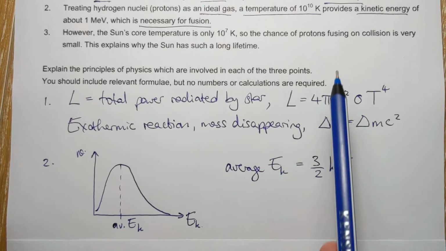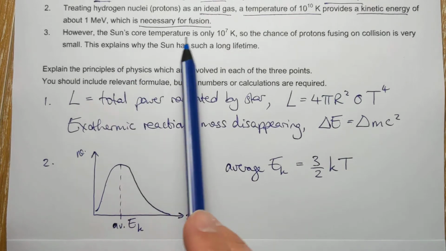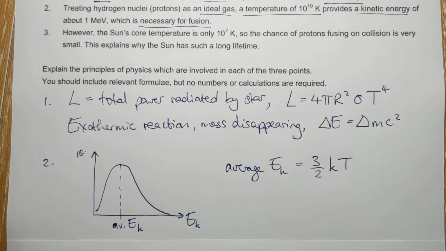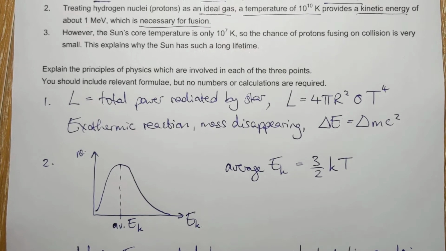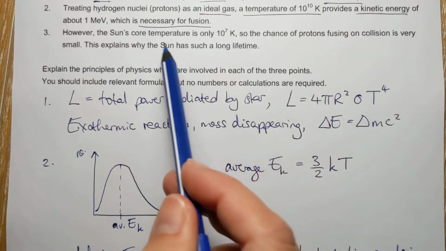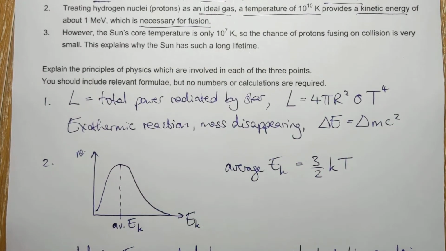Then it says the kinetic energy necessary for fusion. Well, I also know that you need very high kinetic energies for fusion because you need to overcome the electrostatic repulsion. And that's because the strong force is very short range, so they need to get very close together for fusion to happen. So I know all of that related to these ideas in number 2.